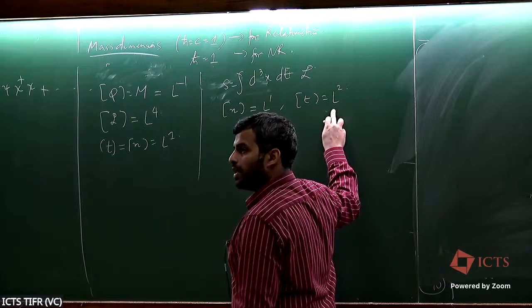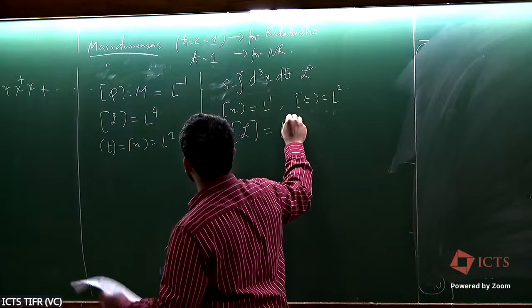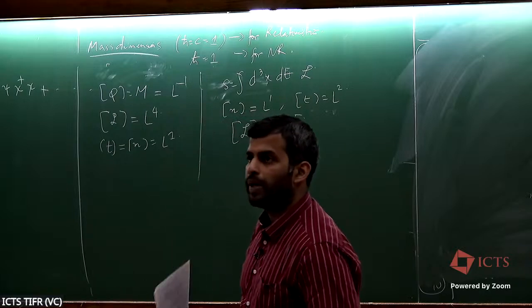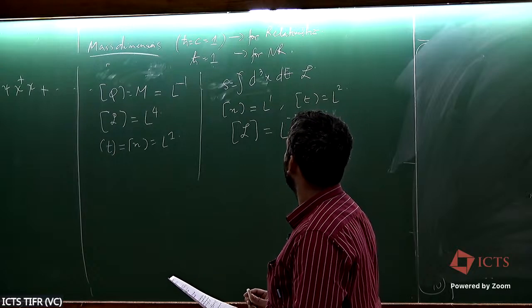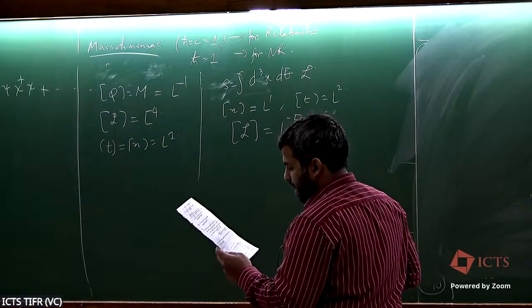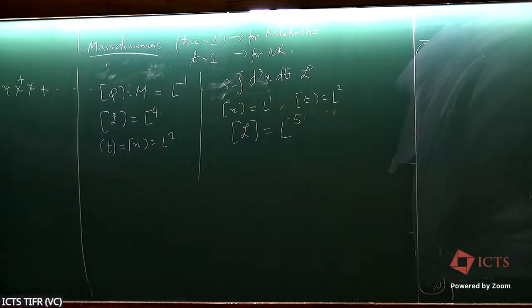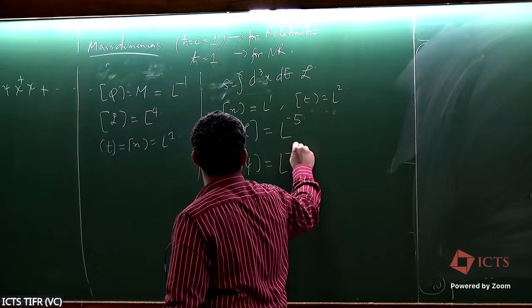So time is L square, which means my Lagrangian is L raised to minus 5. Everybody clear about this? Yeah, minus 4, thank you. And if I use my non-relativistic Lagrangian here, what you would find is psi is L raised to minus 3/2.